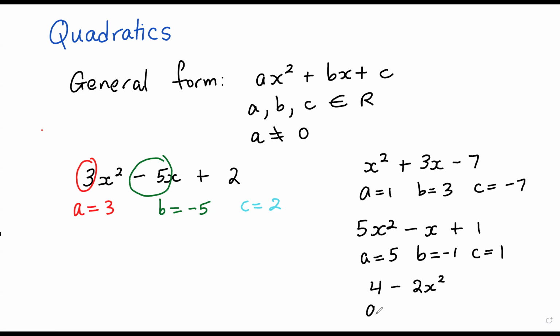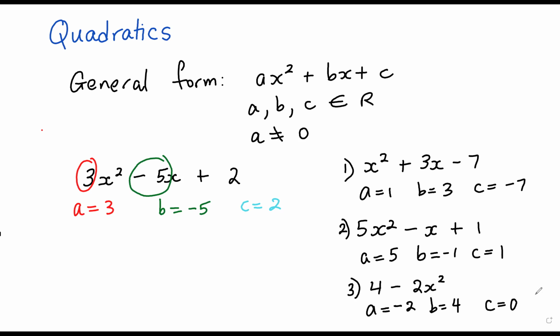What is a, b, and c here? a is negative 2 and b is 4. And what about c? c is 0, because there is no constant term there.